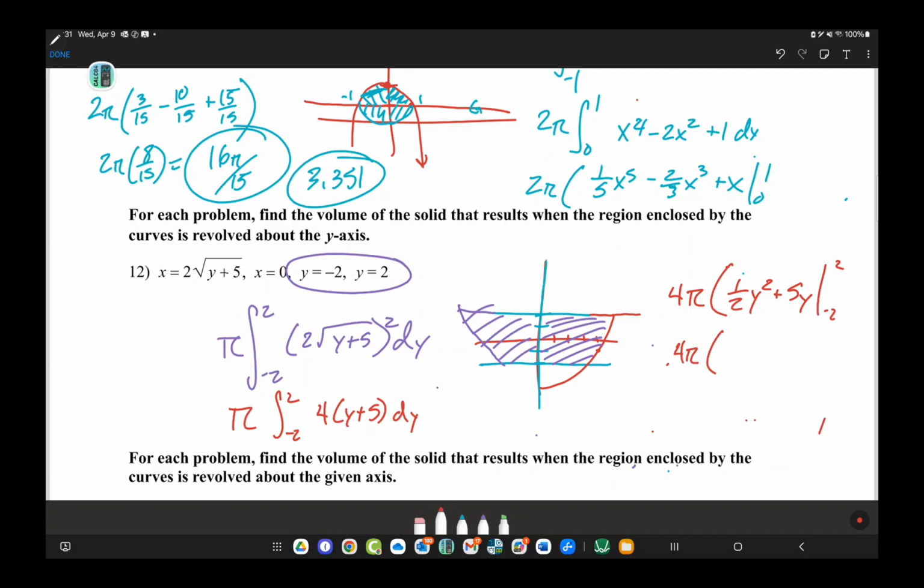Plug in 2, we get 2 plus 10. Plug in -2, we get the same thing, 2 minus 10. That becomes -8, so plus 8. So it becomes 4 pi times 20, 80 pi.